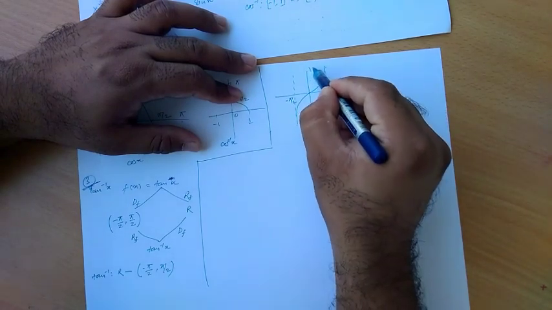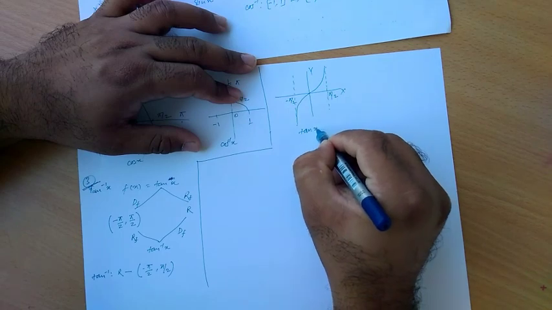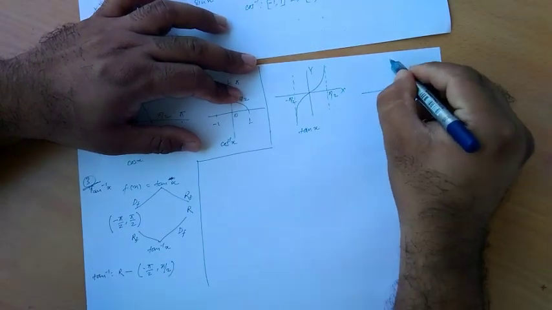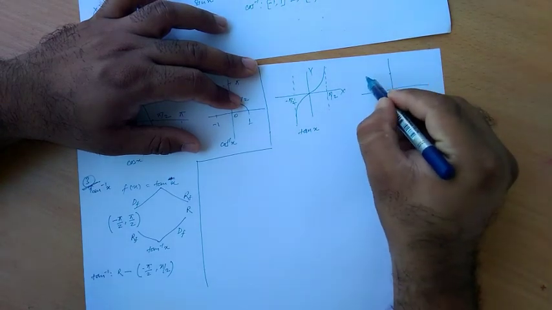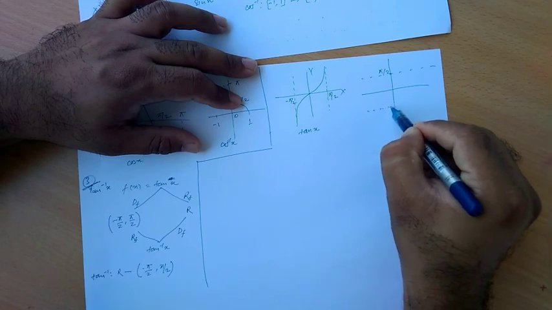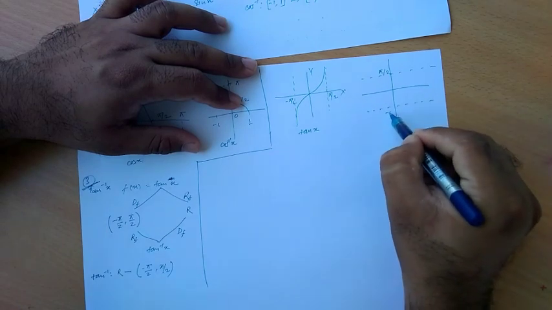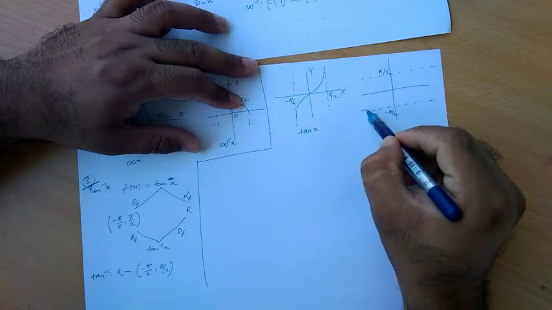This is x-axis, this is y-axis, this is the graph of the function tan x. What we are doing is, this is pi by 2 and the dotted line I am drawing is minus pi by 2.